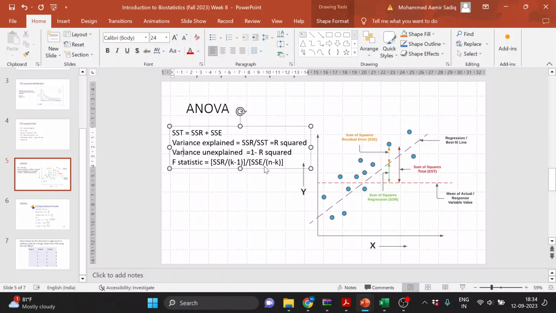It's a rough ratio of that. And the formula is nothing but this. This is your F statistic formula: SSR by K minus 1 divided by SSE by N minus K. This is nothing but MSR divided by MSE, the mean square of your regression by the mean square of error.